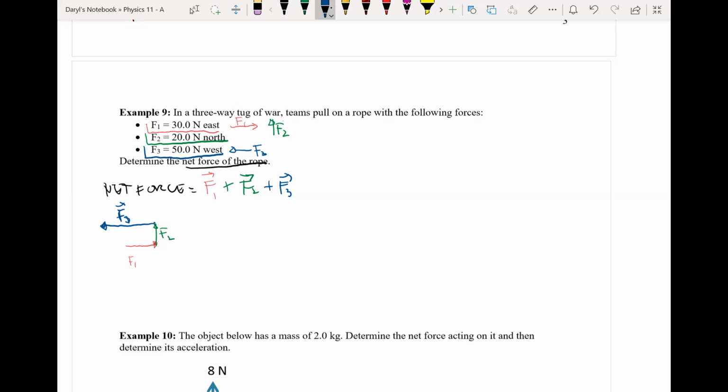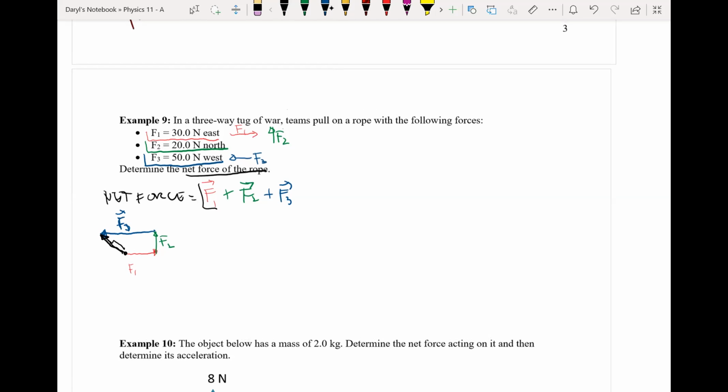Now, remember that the net force is drawn from the tail of the first vector toward the tip of the last. So this would be my net force.